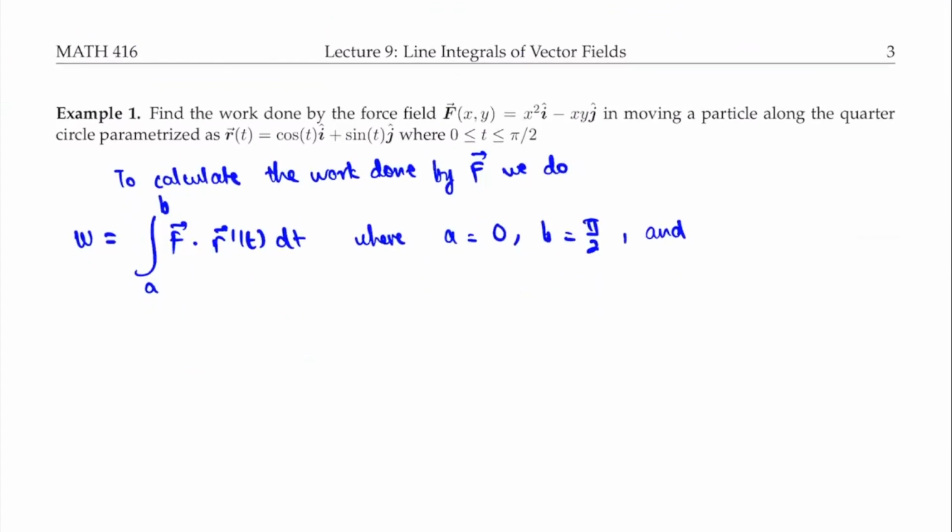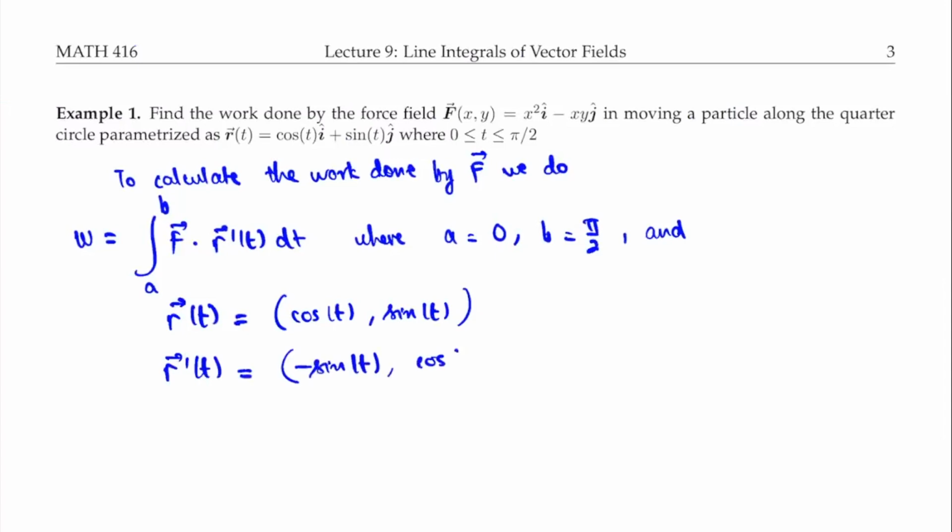The curve or the path that we have is parameterized using R of t, and you have R of t equal to cosine of t comma sine of t, so R prime of t is equal to negative sine of t comma cosine of t.